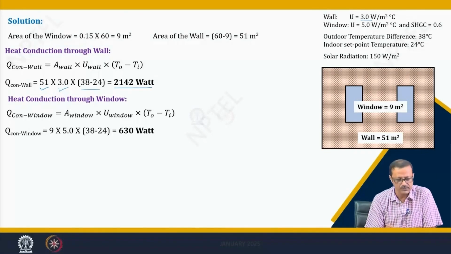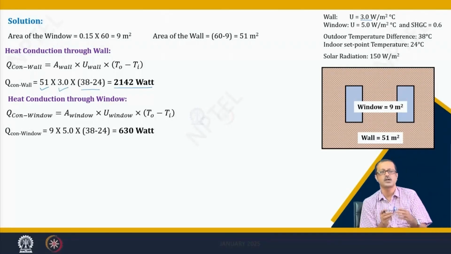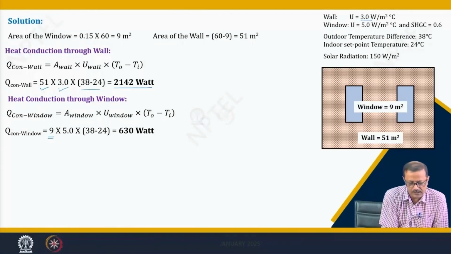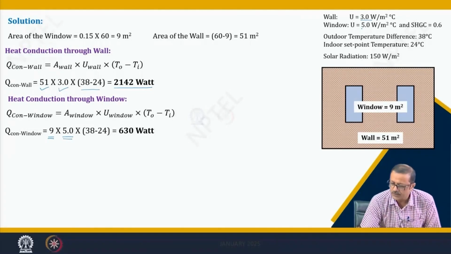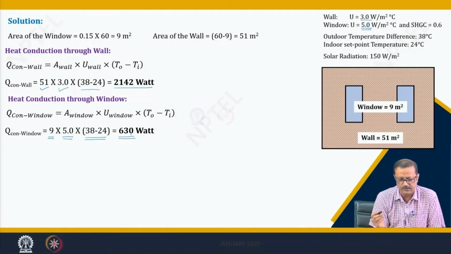Then similarly, I use the same equation for the window, because the window now has two components, one is the conduction of heat and another one is the radiation. So, here very simple, A is the 9 area, the 5 is the U value of the window which has been given in the problem, and the del T remains the same, and this is 630 watt.